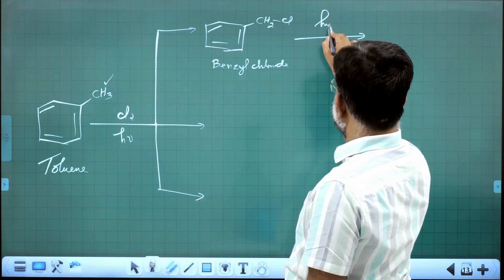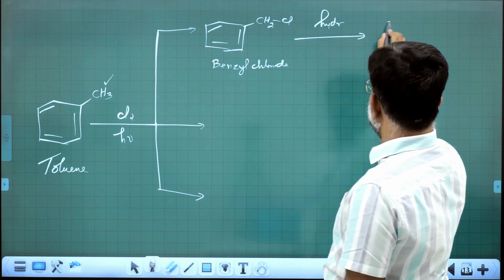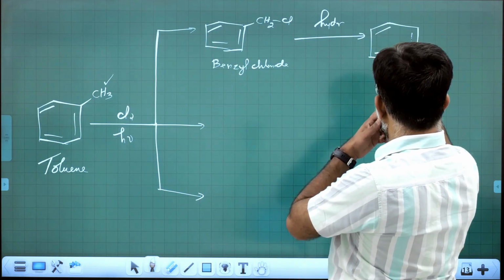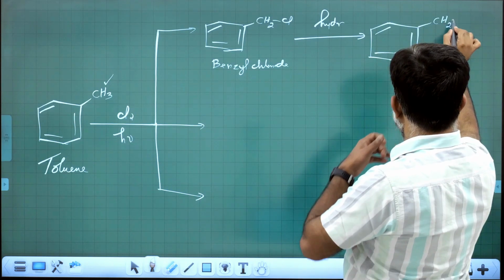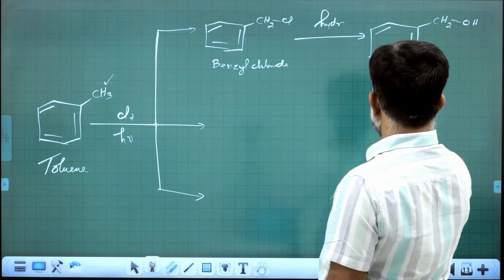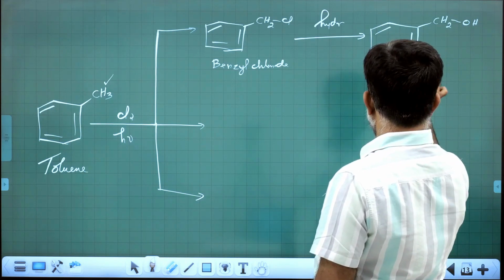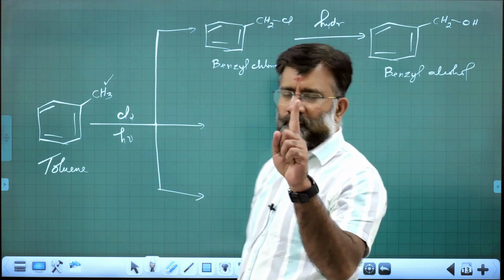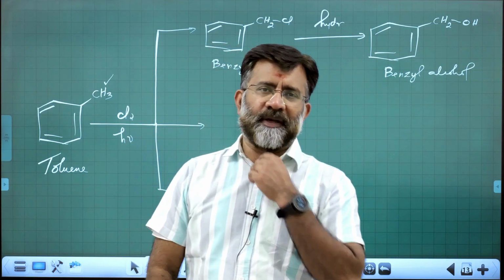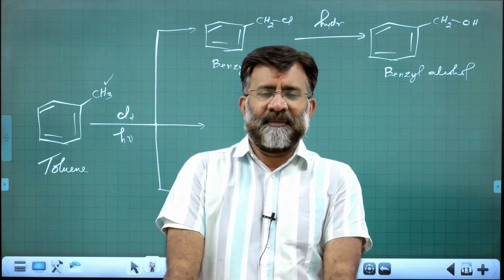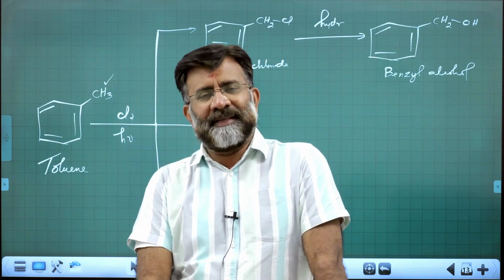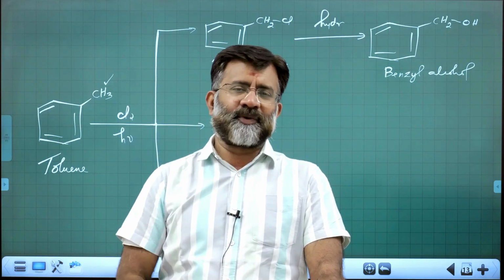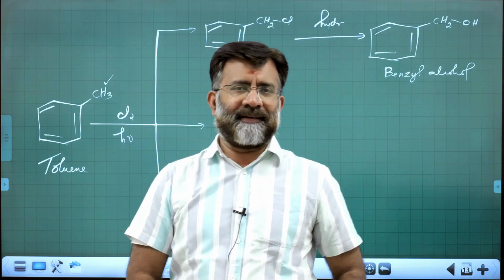Taken for hydrolysis, solvolysis, you get benzyl alcohol. So one hydrogen replaced by chlorine, monochlorination. If monochlorination takes place, you get benzyl chloride, and that upon solvolysis, you get benzyl alcohol.